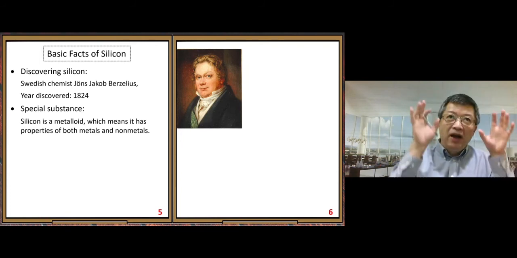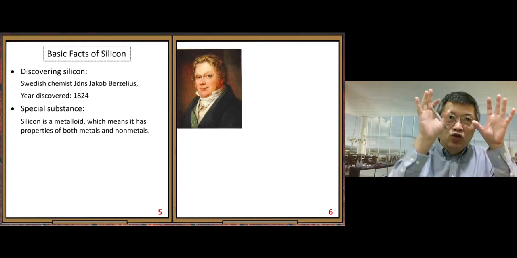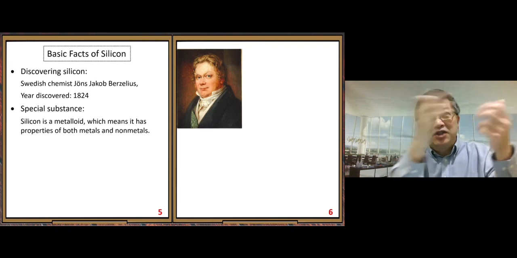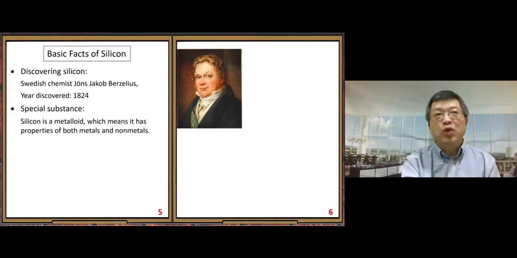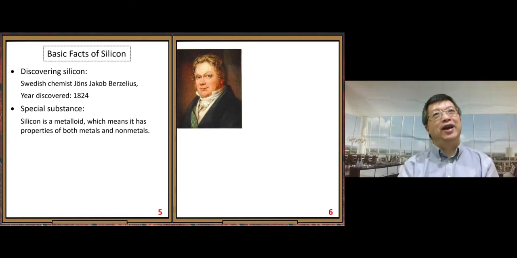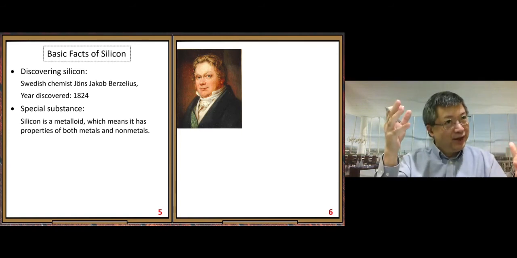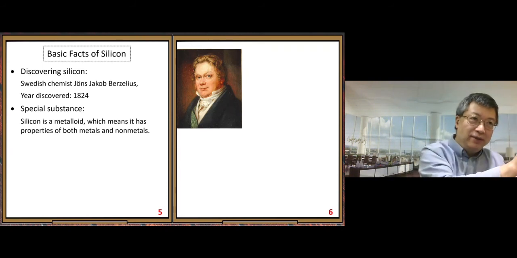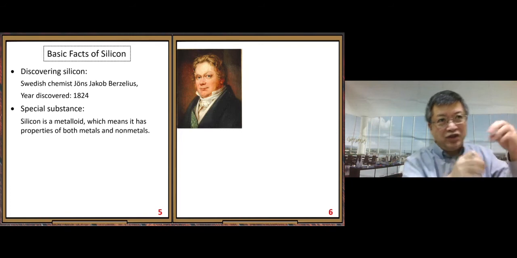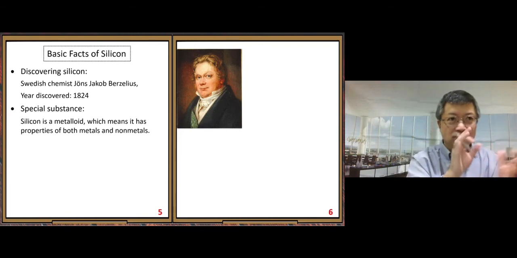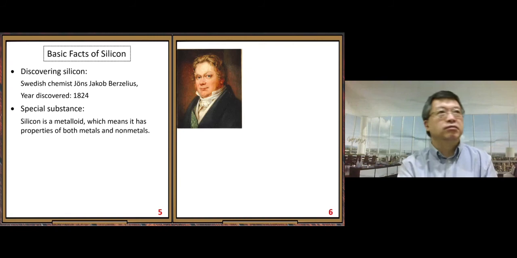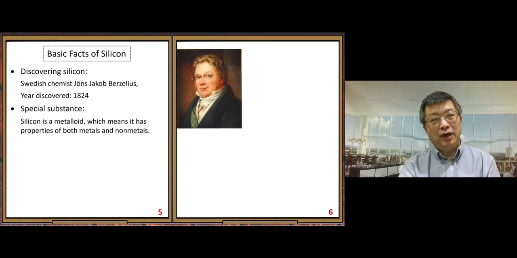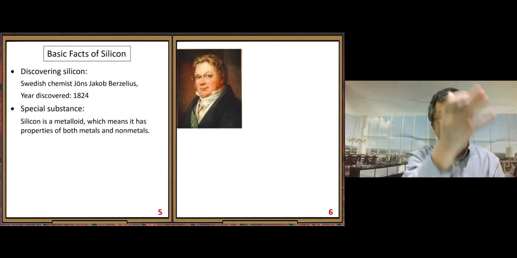So people can put a control on that condition to make that change. That's very important. That's the reason we can use it as a switch, right? Two different states. If we do this, we get this state. If we change the voltage, we get a different state. So this property is critical to build a transistor.